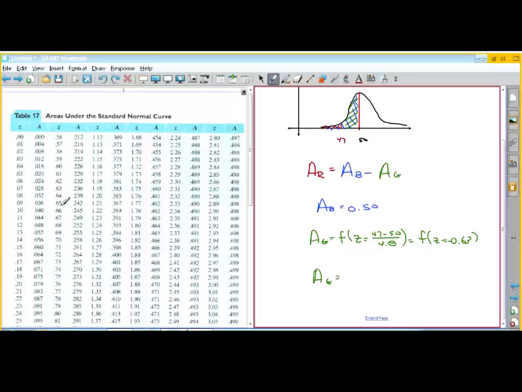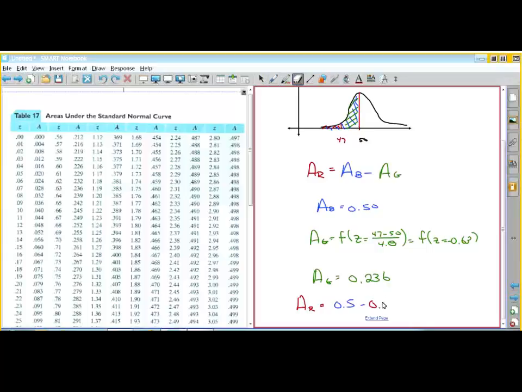So we go to the table, 0.63, 0.236. So our red area, which is what we're looking for, is going to be our blue area, which is 0.5, everything to the left of the mean, minus the green area, which is from here to 47.